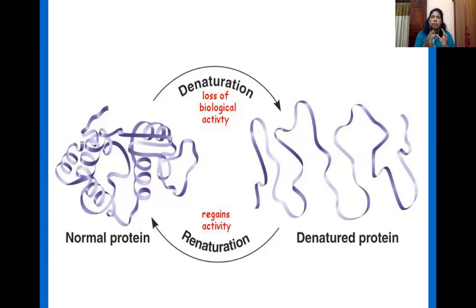The normal globular structure is changed. But the amino acids, you can see that the band or ribbon is there, but not in a similar way. That is why enzyme activity will change very quickly if you change the temperature.